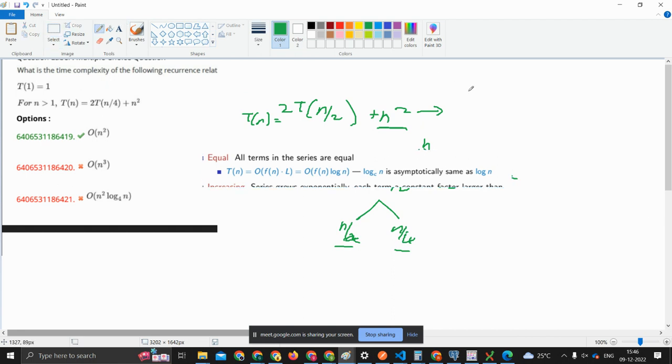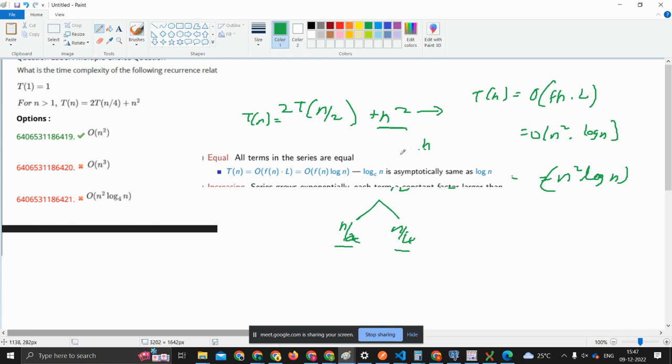The complexity equals the complexity of f of n times L, where L is the log n part. So what is f of n in this case? It is big O of n square multiplied by log n, which will be n square log n.